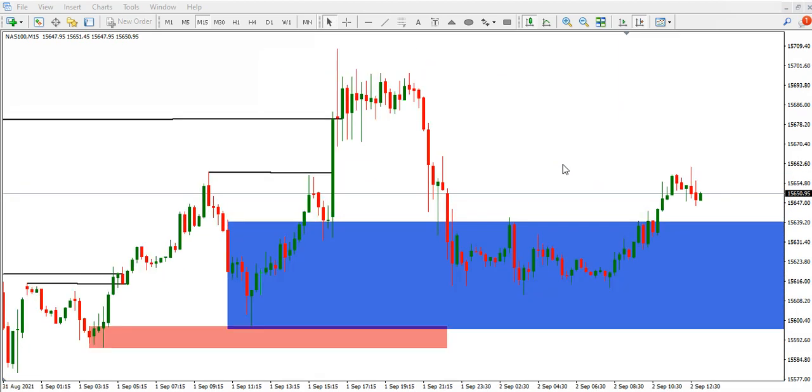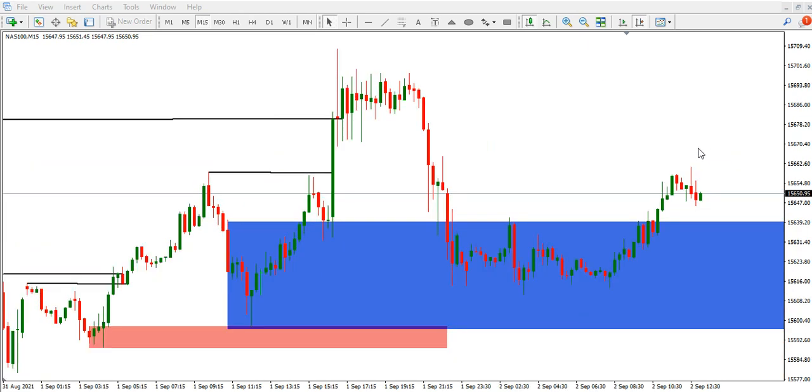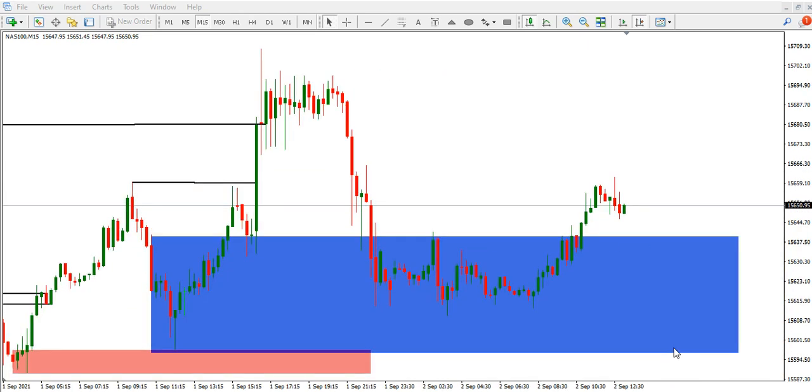Number one, where is the equal low or the equal high? Do we have an equal low or equal high? Number two, where do we have an imbalance on these order blocks here, or do we have an imbalance somewhere up here, and do we have an equal high or an equal low?